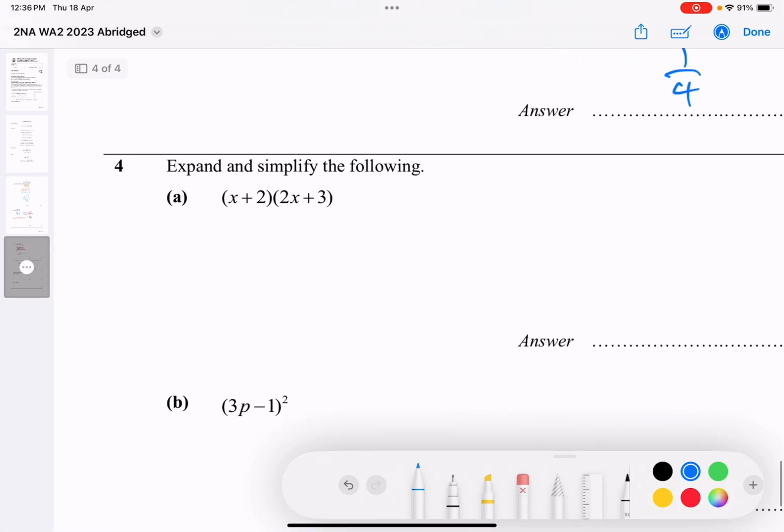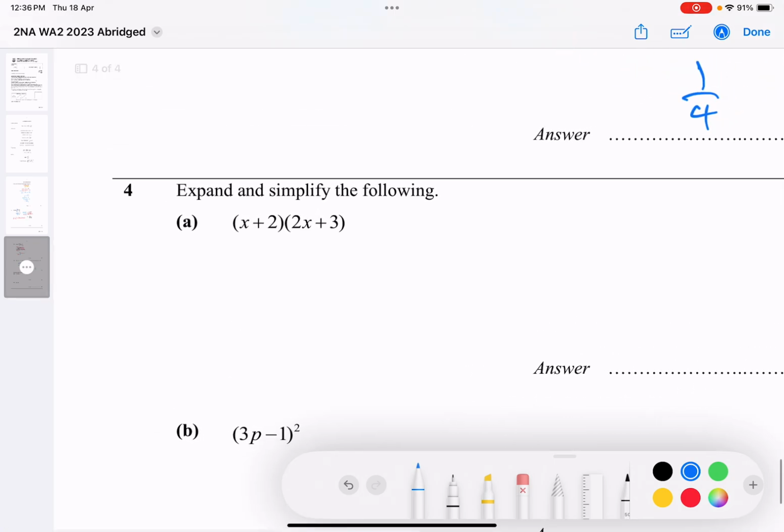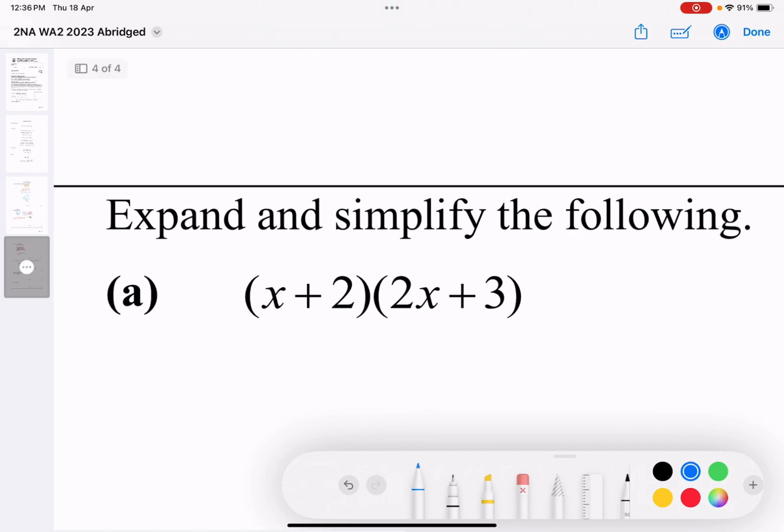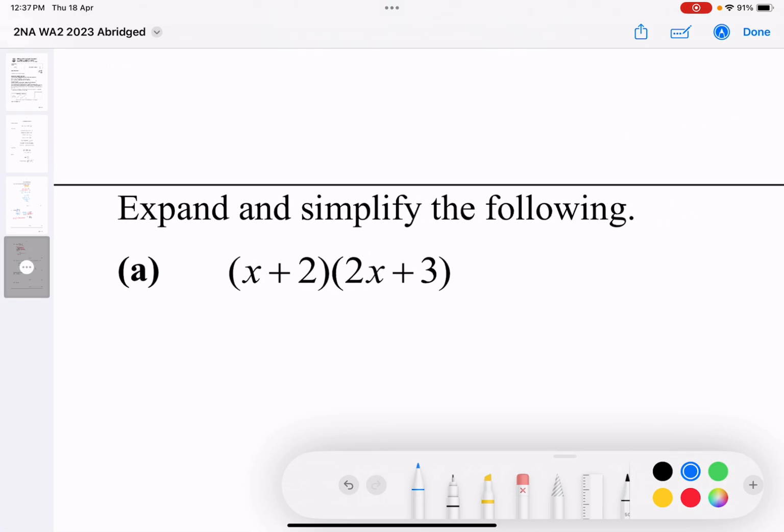Question number 4. Expand and simplify. This one, please, you must be able to get the marks. For those of you who don't know, please open up your eyes, open up your ears, open up your heart. Try to understand. How to expand this? There are 2 terms here. Just look at one. Ignore these 2 for now.